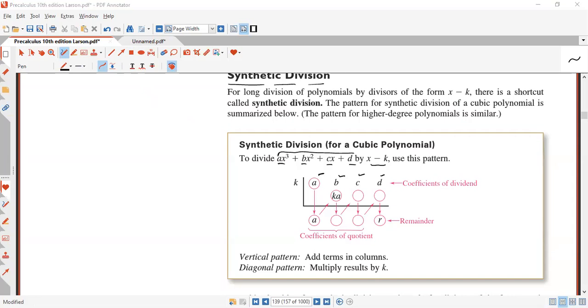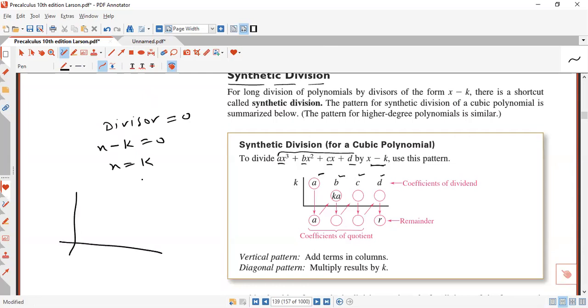So for x minus k, you set the divisor equal to 0, meaning x minus k equals 0, then the value of x will become k. In synthetic division you would write k here.